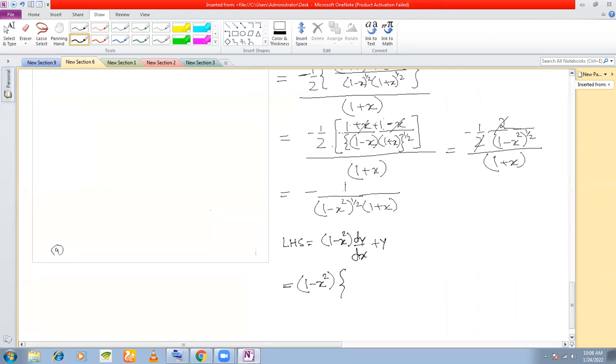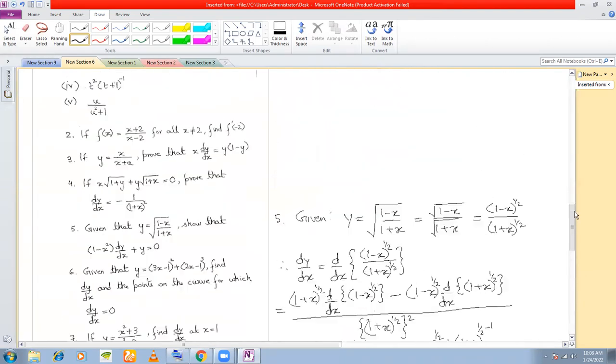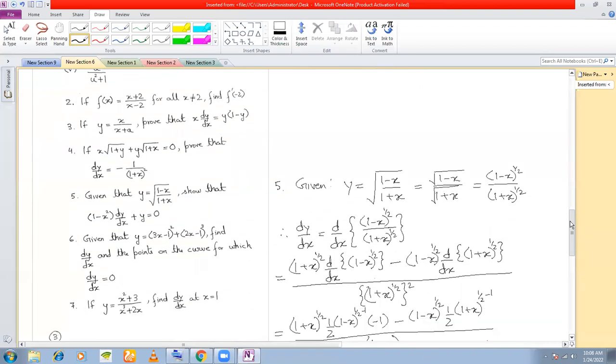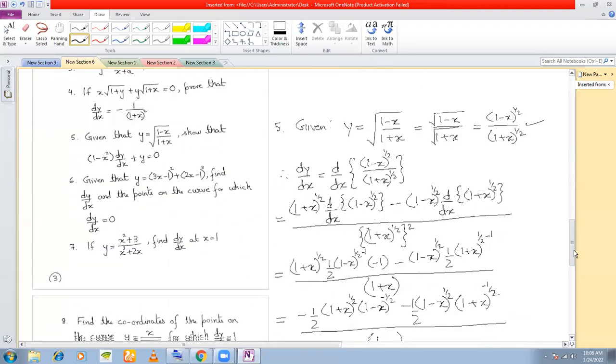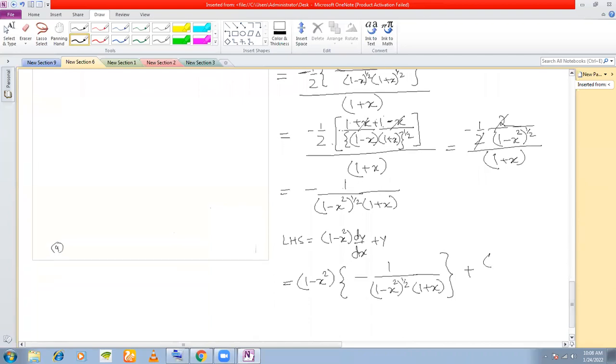And dy dx, put the value here, minus 1 by 1 minus x square to the power of half into 1 plus x, right? And you have plus y. What is the value of y here? Root 1 minus x by 1 plus x, or you can write this way also, 1 minus x to the power of half by 1 plus x to the power of half.